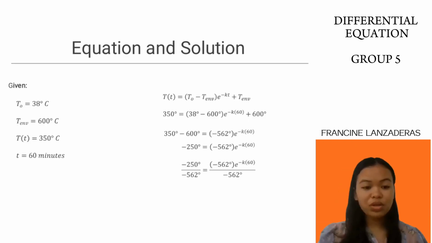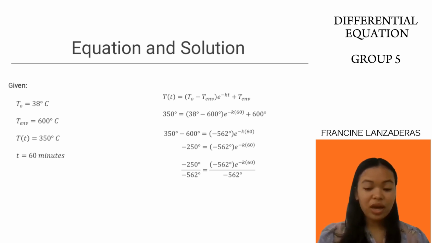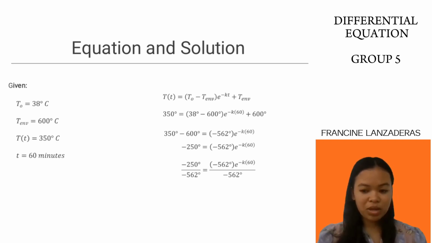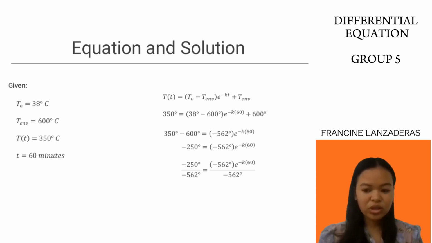So in solving the problem earlier, we have the given initial temperature equal to 38 degrees Celsius, ambient temperature 600 degrees Celsius, and T of time equal to 350 degrees Celsius in a time of 60 minutes. Using the equation earlier, you just have to substitute these given values into that equation.